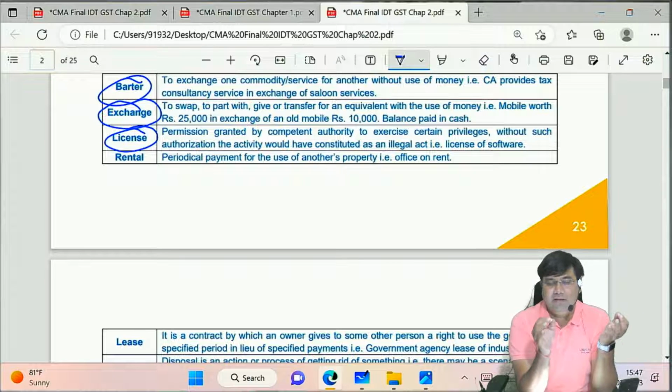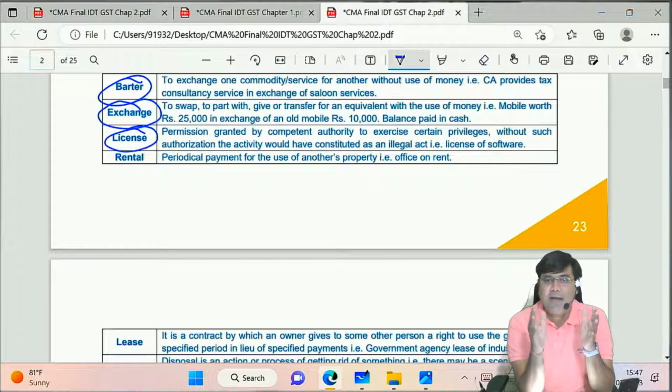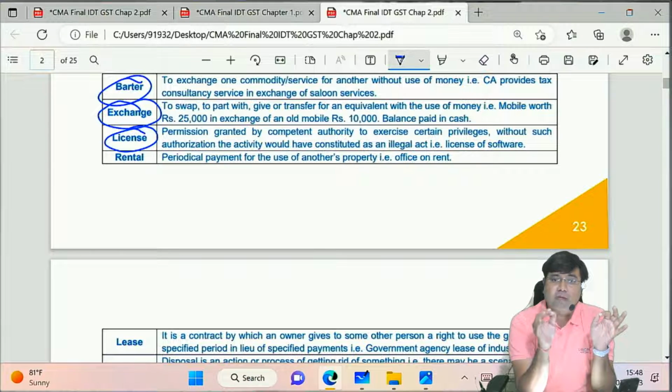By subscribing to a license, we are not going to become the owner. We are going to get the authorization from them to use Microsoft Office for a particular period.